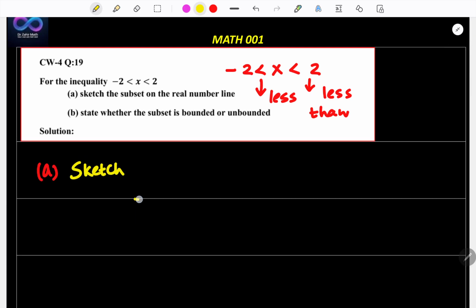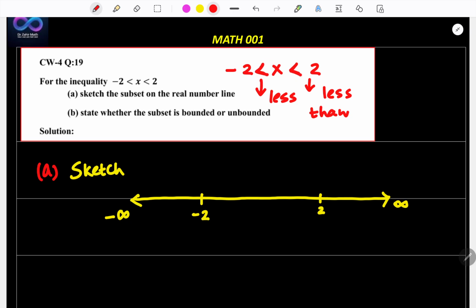Sketch. Okay. Let me draw a real number line, infinity, and this is minus infinity. Okay. What are the points given? Here the point is 2 and here the point is minus 2. Okay, right. Now look here, both sides you have less than. Is there an equal symbol here? If it is like this, you have to use a closed bracket.